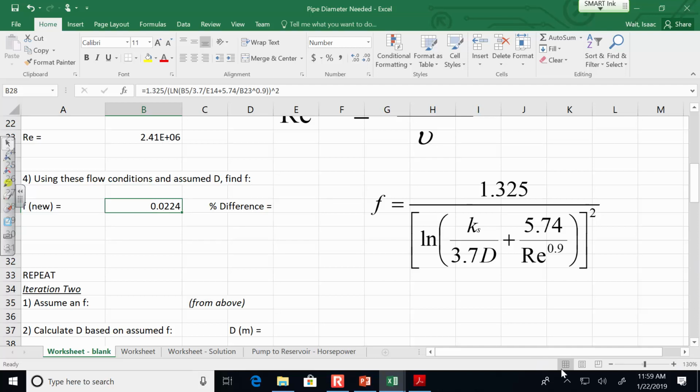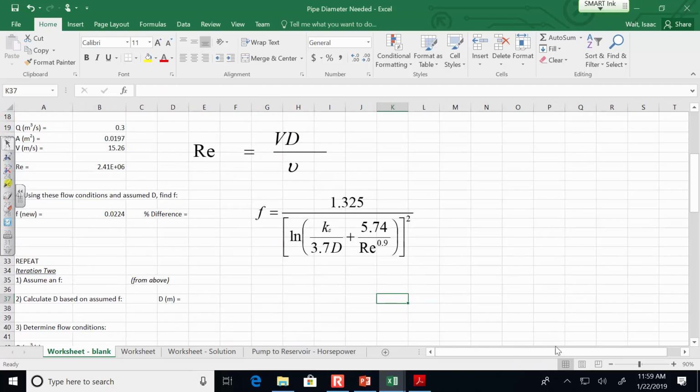All right, now this is where the fun begins, where we don't have to type any more equations, and we get the benefit of Excel repeating things. So iteration 2, I'm just going to use this updated f value for the second time around because my difference is too big.